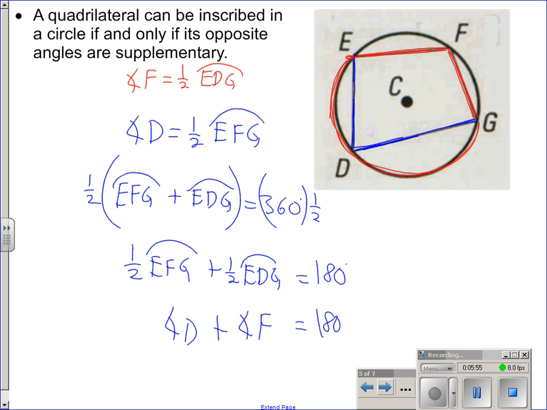Angle D and angle F are opposite angles. So if a quadrilateral is inscribed in a circle, the opposite angles will be supplementary to each other.